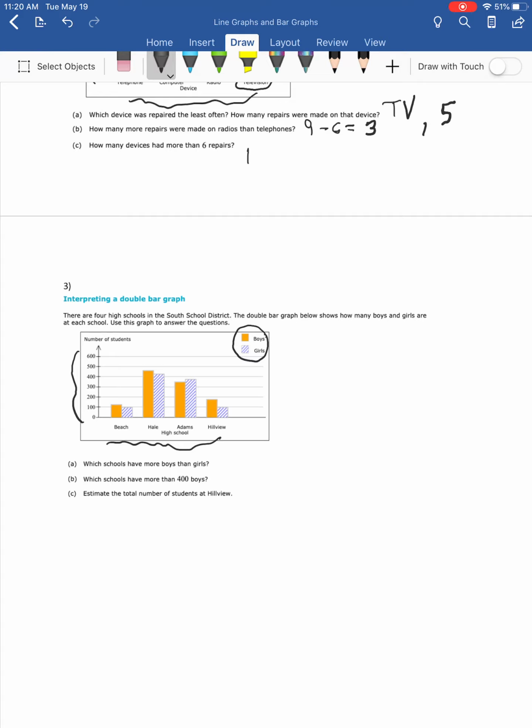Sorry about that, because orange represents boys. So in Beach, the orange is higher, so that's going to work. Hale, orange is higher, so that works. Adams, the orange is lower, so that does not work. Hillview, the orange is higher, so that does work.